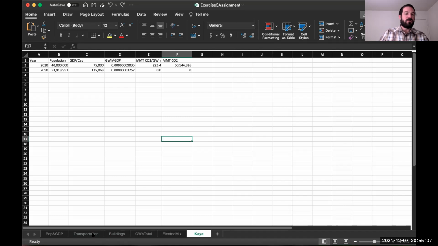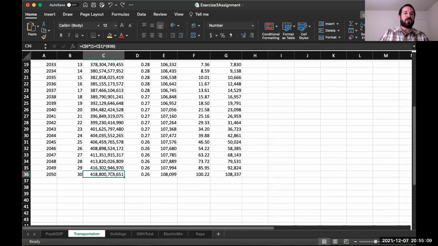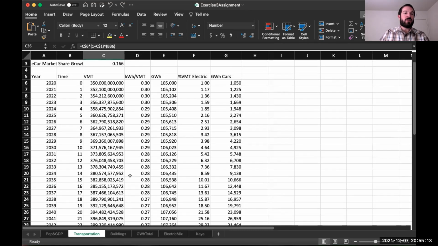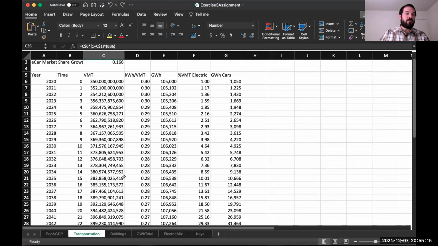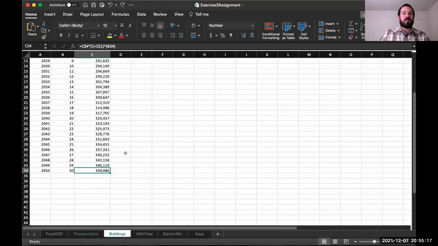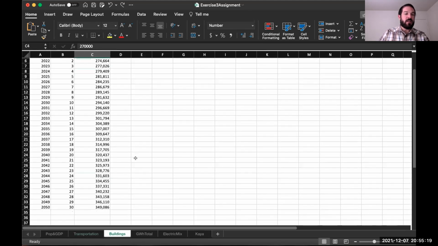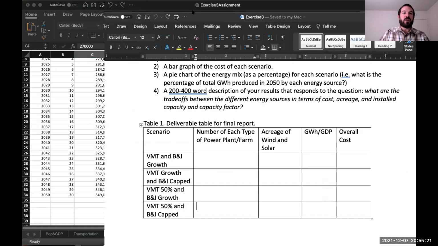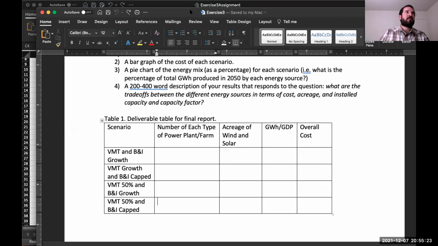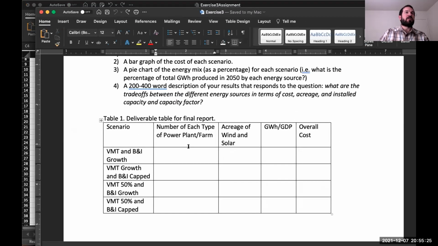All you need to do is know that at some point when we're doing these scenarios, we need to change the total vehicle miles traveled to half. We need to have buildings be capped at 270. And then in one of the scenarios, we do both of those things. So that's like the super conservation scenario.